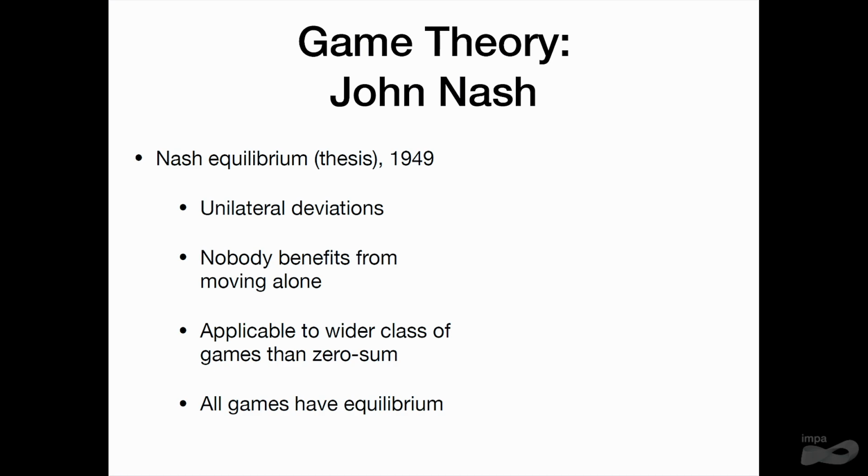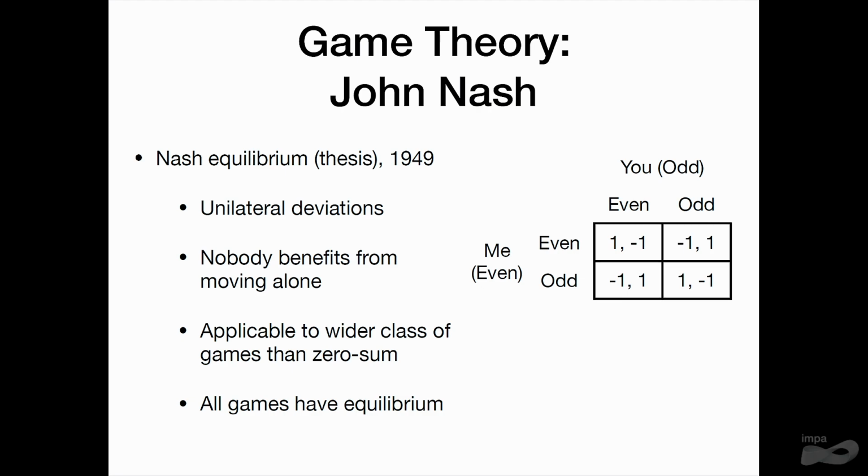I might get into that a little more as we go on, but I don't want to spend too much time on everything. But the idea with the Nash equilibrium is that it's unilateral deviations, right? Unilateral means one-sided, right? One-sided deviations, only one person changing, deviating.